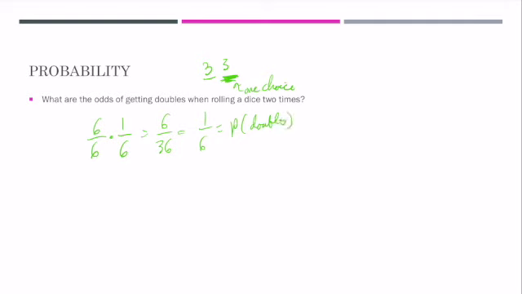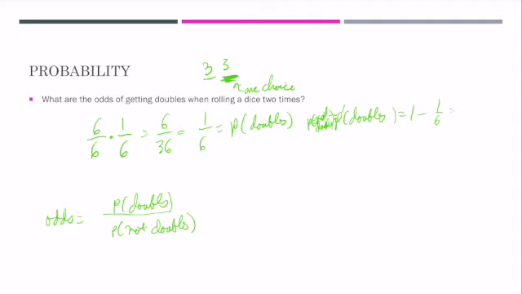If I want to calculate the odds, I need to know the probability of doubles over the probability of not doubles. Well, the probability of doubles is 1/6. So my complement to rolling doubles, which is the same as the probability of not doubles, equals 1 minus 1/6, so I'm left with 5/6.